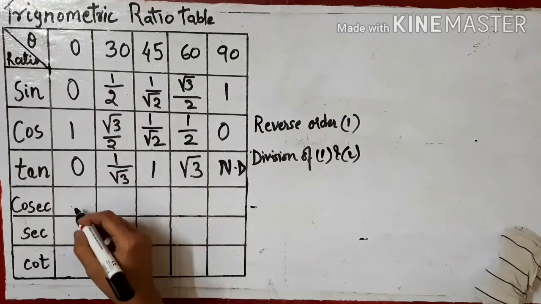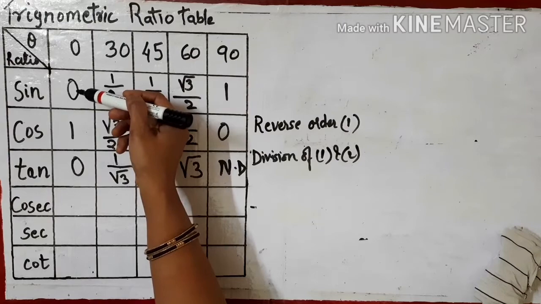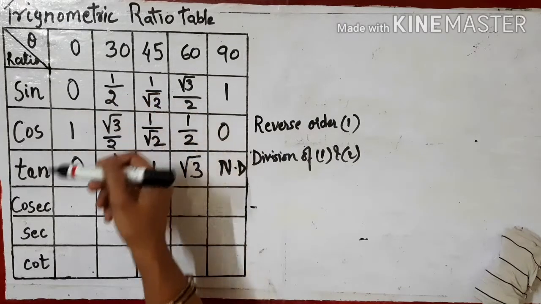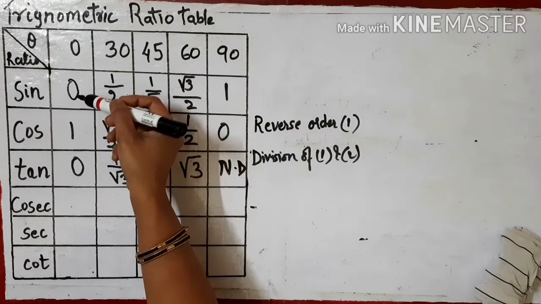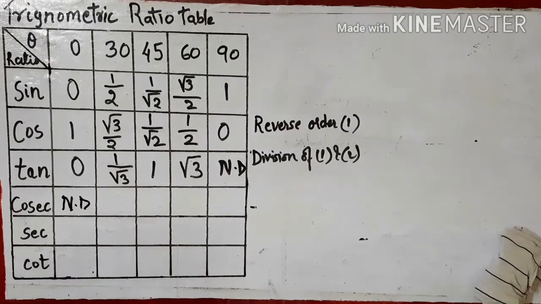Cosec of 0 will be reciprocal of sine. So reciprocal of sine will be, sine of 0 is 0 upon 1. So cosec of 0 will be 1 upon 0. So 1 upon 0 is not defined.